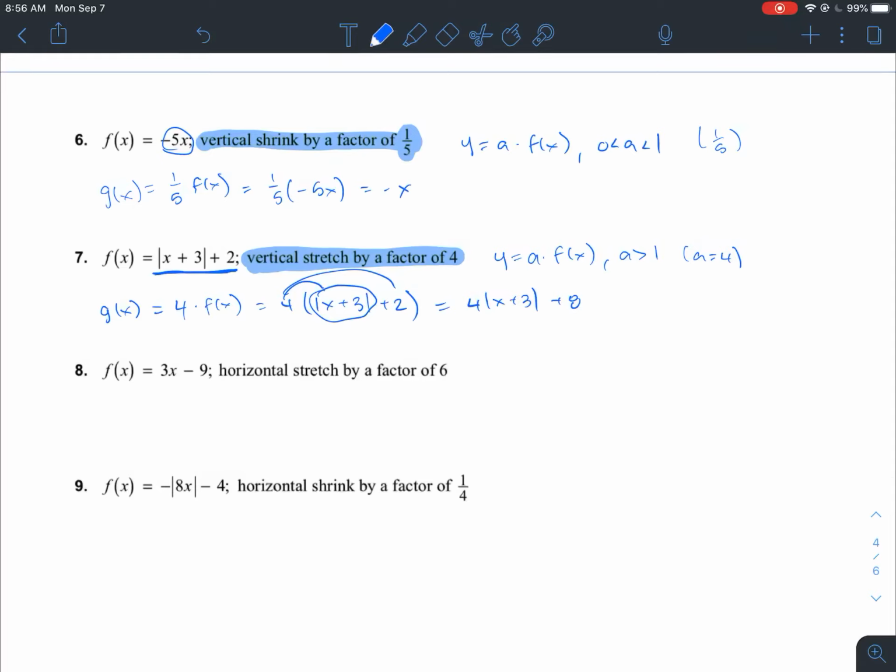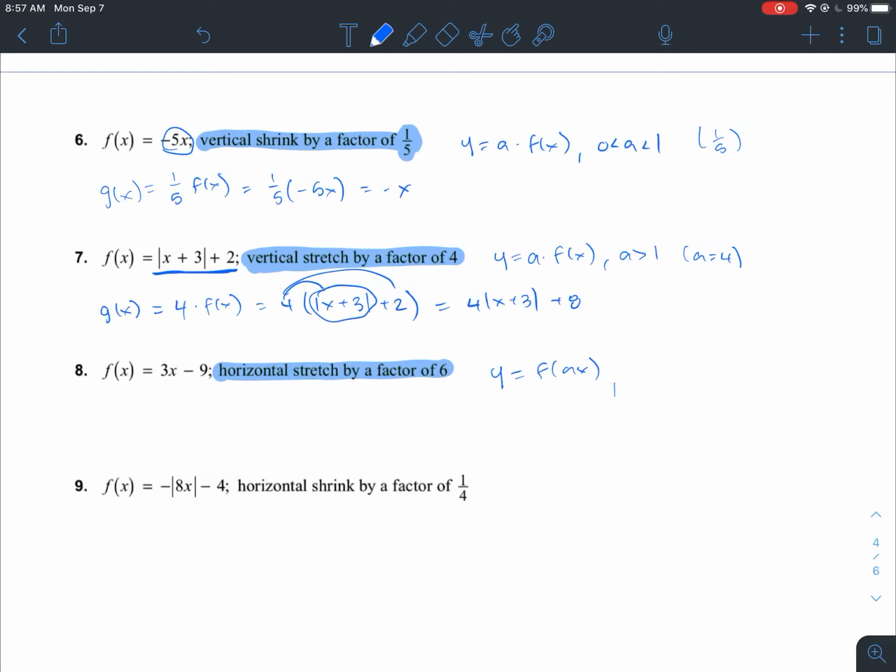Alright, now for 8, it's talking horizontal stretches, okay? So this one's different. We have to read these backwards than the vertical ones. So we're saying a horizontal stretch by a factor of 6. First, let's write our function for horizontal stretch and shrink, which was y equals f of ax, okay? So again, if you go back and look at the definition, it said that it's by a factor of 1/a, okay?